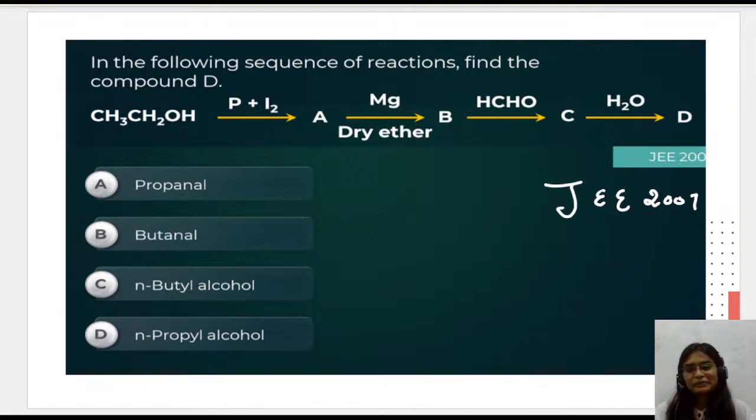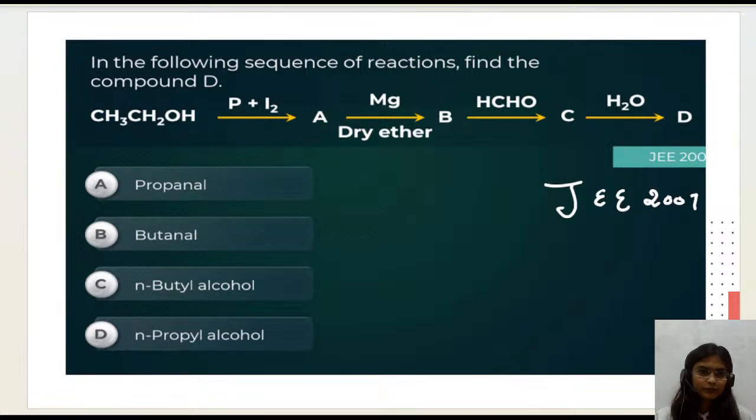Okay, Mini. Yeah, Abhishek, you already answered earlier actually. Okay, so it means maximum voting is for option number D. Let's just check. Is it correct or not?